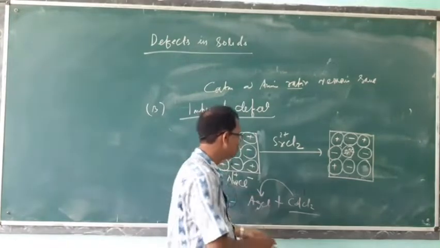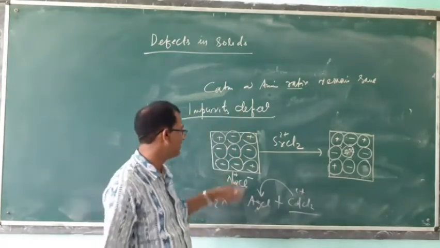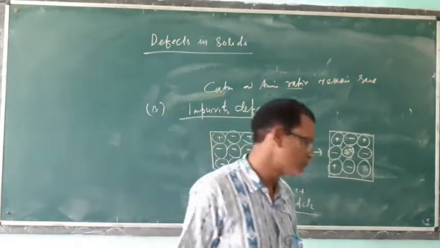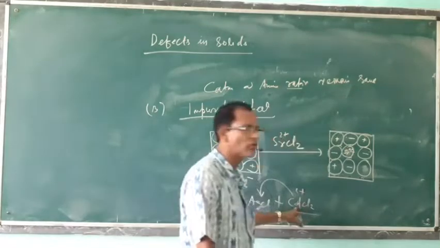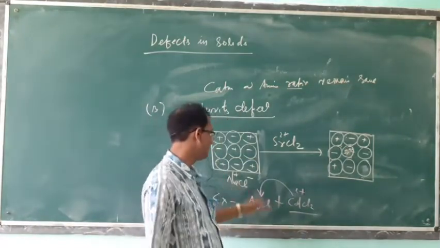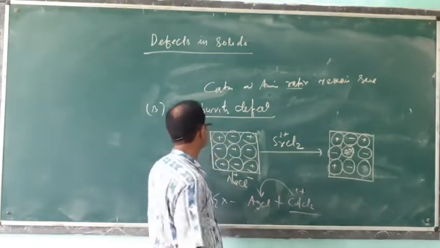But cadmium 2+ will be very small, cannot be fitted in the place of Na+. That's why we cannot use cadmium chloride as impurity for NaCl. Okay, this is called impurity defect.